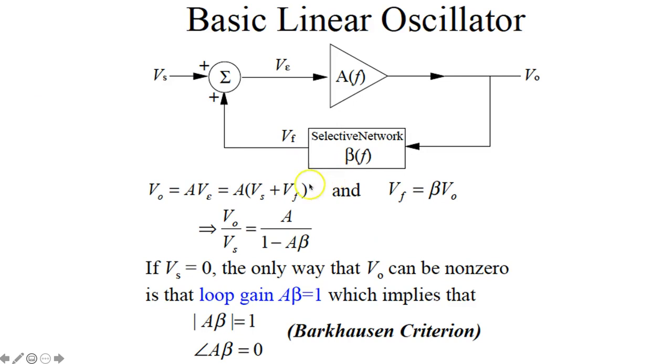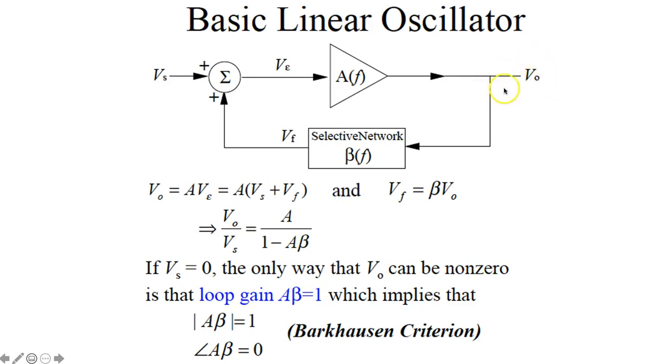Here you see the basic linear oscillator circuit, which has the amplifier and frequency selective feedback network, and then this summation, and the output voltage is here. Now we are going to write down the equations from this circuit. Let's first see the equation for output voltage.